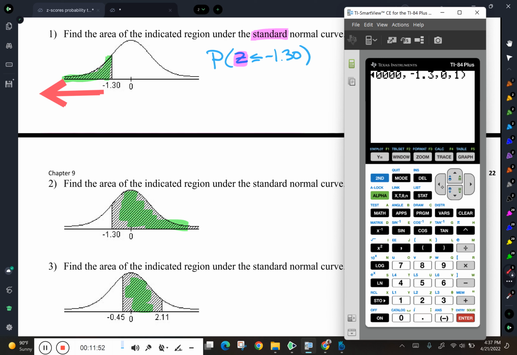Now, if you happen to have an 83, normal CDF, lower limit, comma is right above the 7, upper limit, comma, mean, comma, standard deviation. So I'll write that out over here for you.